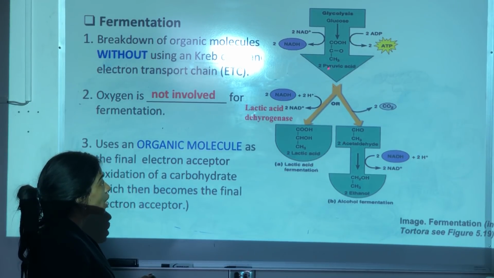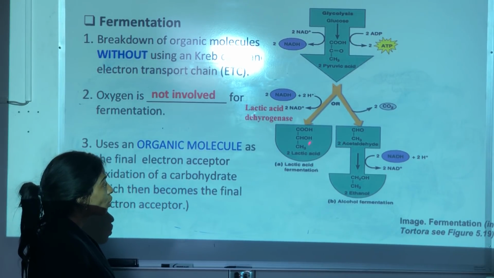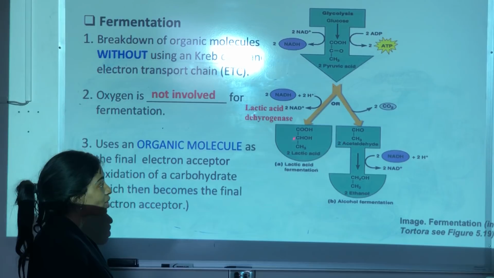But what happens is that, in this case, if you look at it, 1, 2, 3, right? And you look here at the second carbon, you see C double bonded to O. But if we go down to lactic acid, what happens? We see more hydrogen or more electrons that have been added.